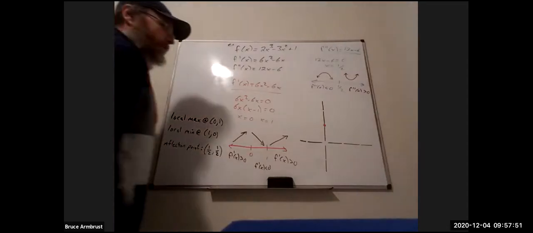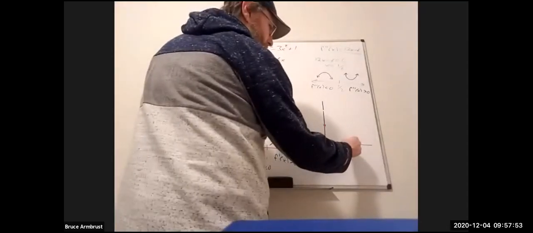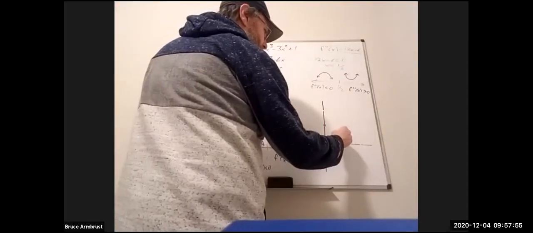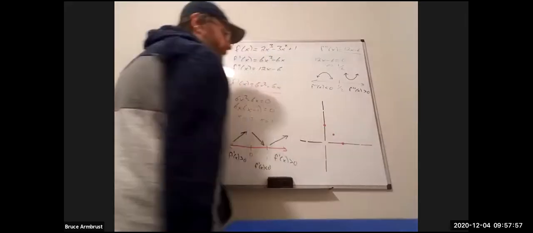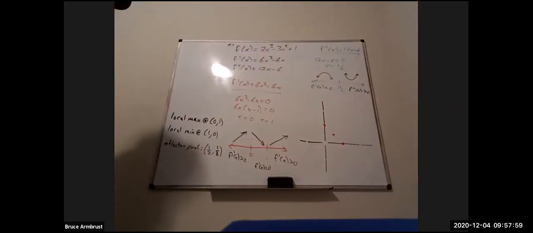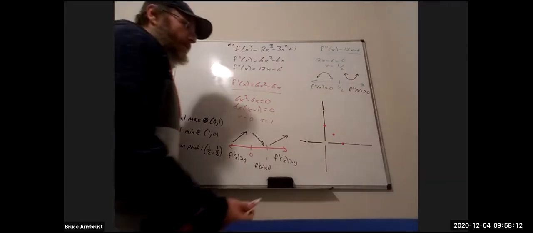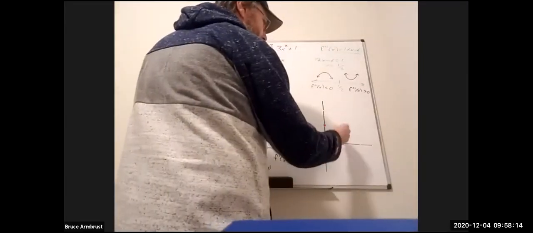I've got a minimum at (1, 0). I have an inflection point at (1/2, 1/2). If I wanted to be really good about this, I would try to find other intercepts and a couple other points, but I'm just going to put together what I know.